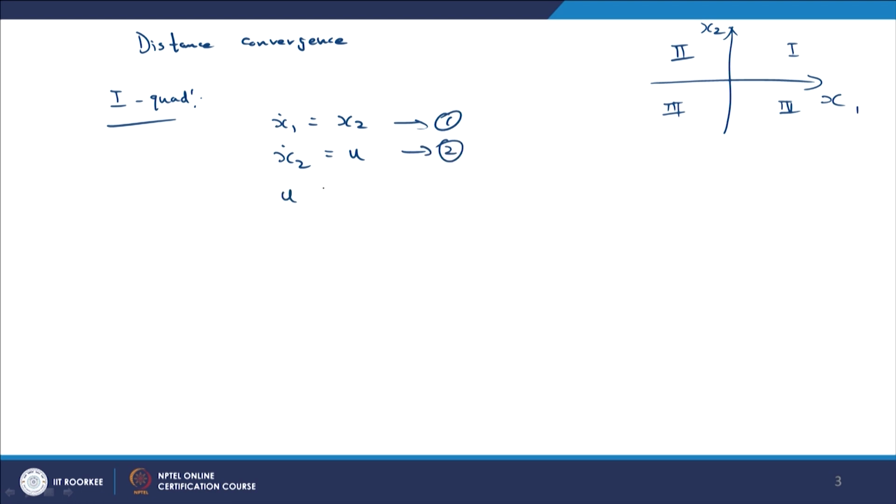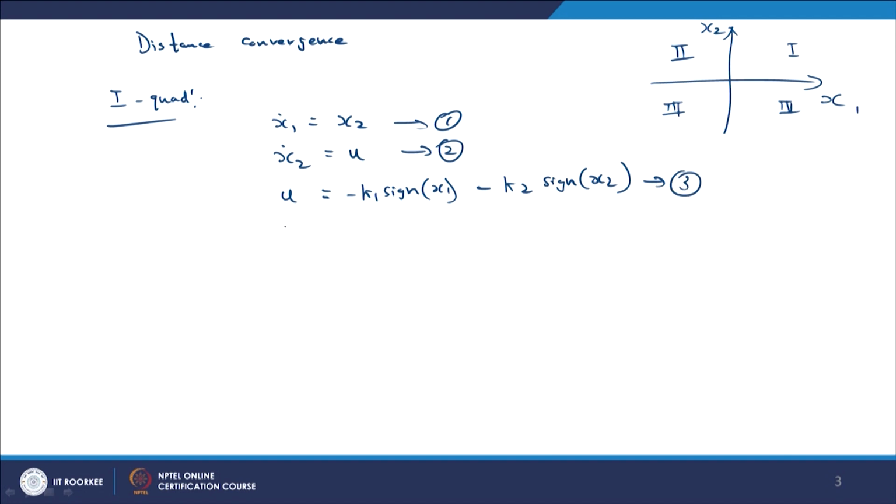Then the control law for this higher order sliding mode controller is taken to be u equal to minus k1 signum of x1 minus k2 signum of x2, which is equation 3.